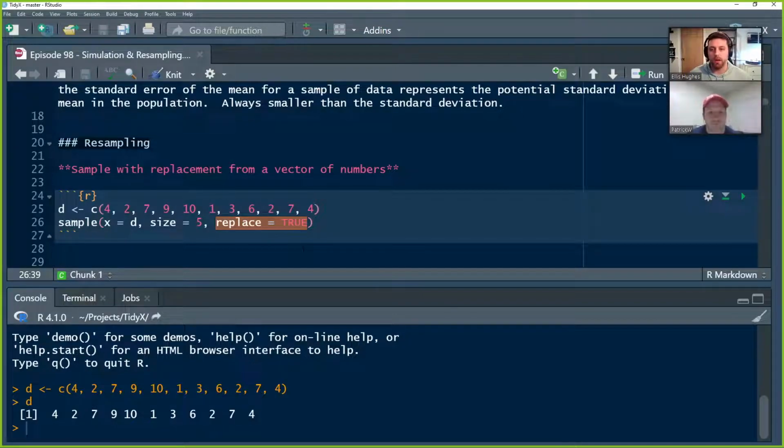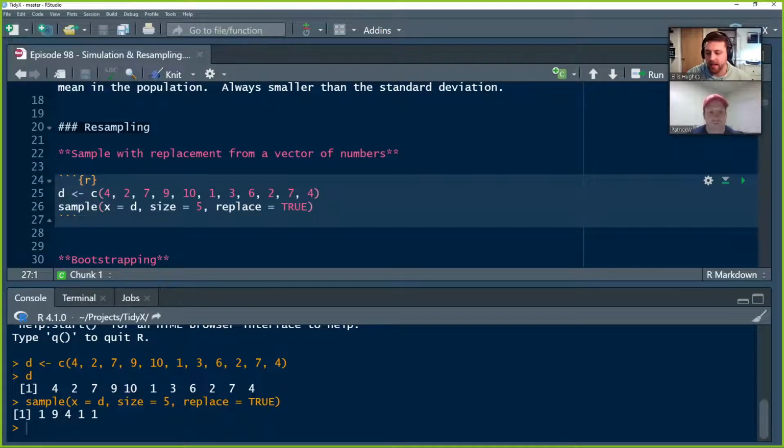And so in our situation, we do want resampling because, well, in the future, we will want to be doing this. So in this case, we're saying replace equals TRUE, which means it can pick from the same position in that vector twice when it's trying to pick 5 different values.